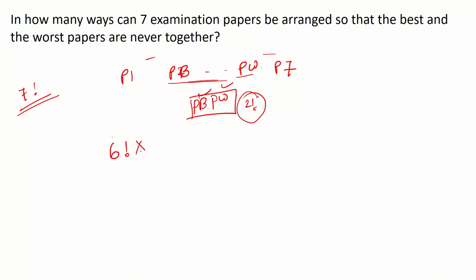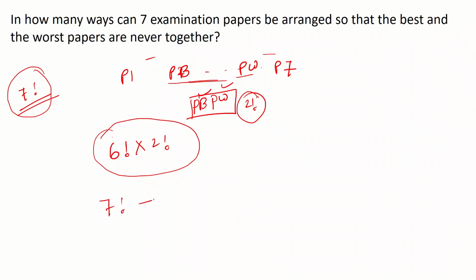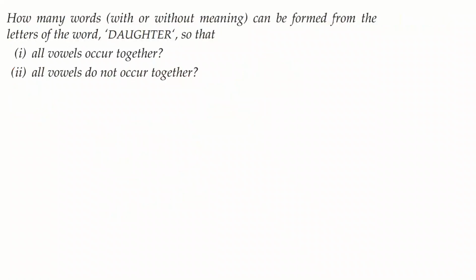So the total number of permutations of such kind will be 6 factorial times 2 factorial, in which these two papers are always together. So the number of permutations in which they are never together is 7 factorial minus 6 factorial times 2 factorial. So you simplify and find out the answer.